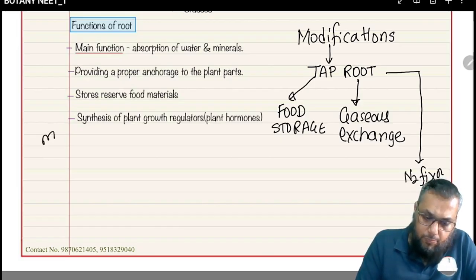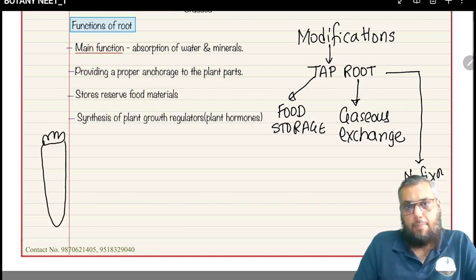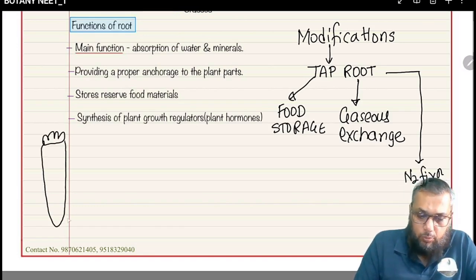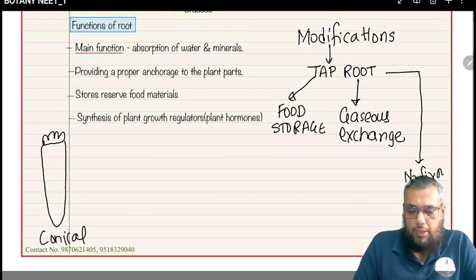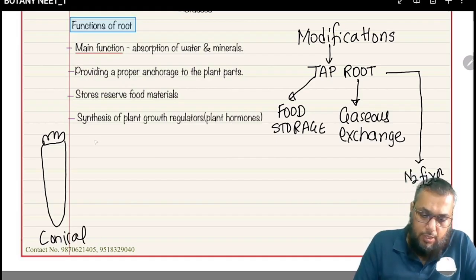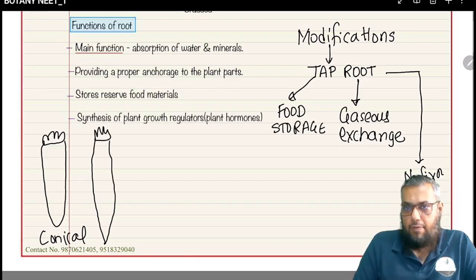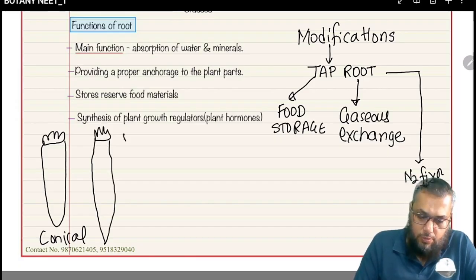If the shape is such that it gradually tapers, then it is called a conical root. An example of a conical root is Daucus carota, that is your carrot. If it is spindle shaped, fusiform, it is Raphanus sativus, that is your radish.